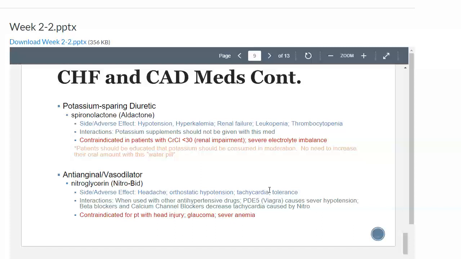So they need to be slowly withdrawn from the medication, where we would see the patient get decreasing doses as well.